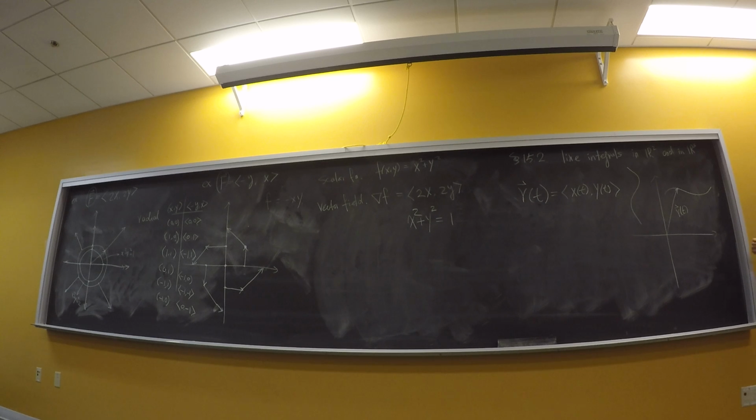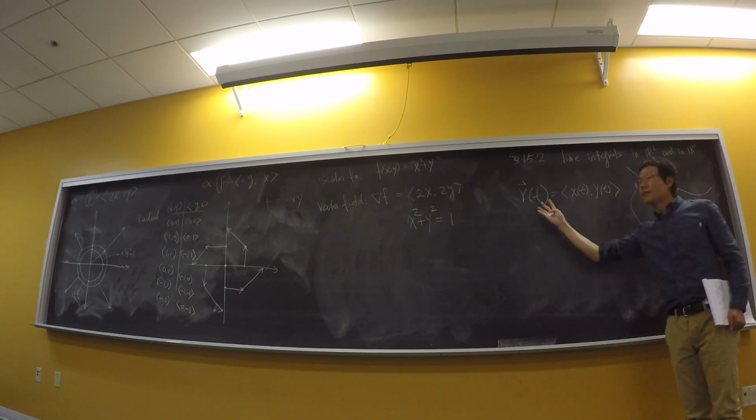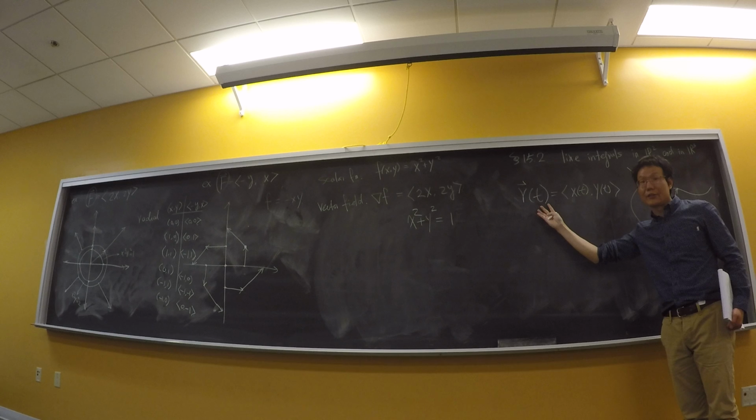If I change the time continuously, then this point will change continuously on the curve, which means this vector will change continuously according to time. So these two are equivalent changes. If I change the vector continuously, I'm also changing the point continuously, and therefore I will get a smooth curve. So using this vector function to define what a curve is is much more general.